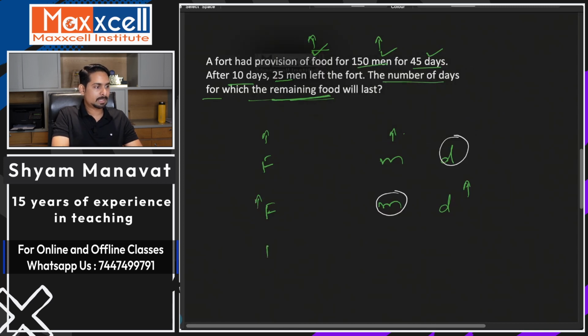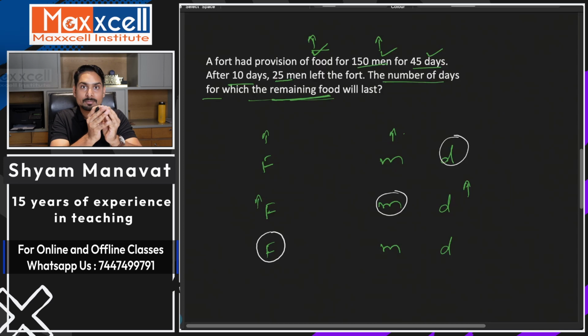Another relationship could be this: if you keep the amount of food constant, so that you are not going to add or remove food anymore, then if there are more people, they can survive on the same amount of food for fewer days. Just think about it.